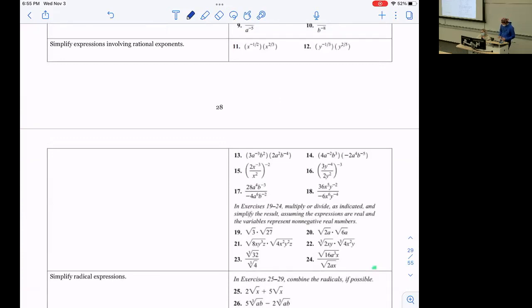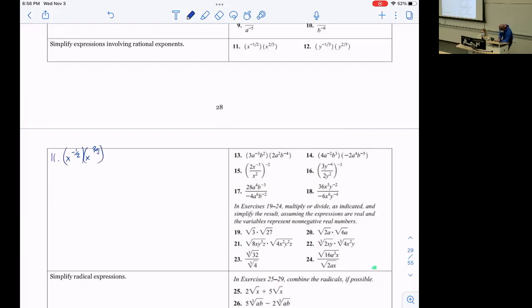Number 11 and 12, okay. So for number 11 here, we have x to the negative 1/2 times x to the 2/3. When we are dealing with exponents that have the same base, that are being multiplied together, we can just add these exponents.